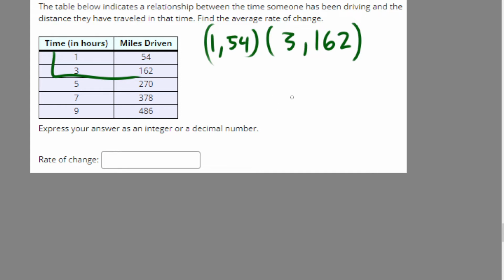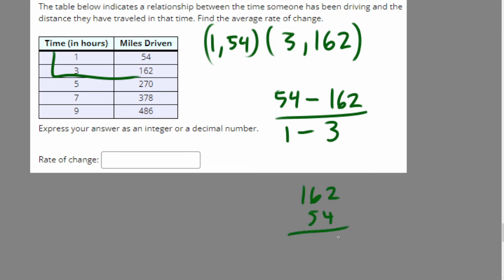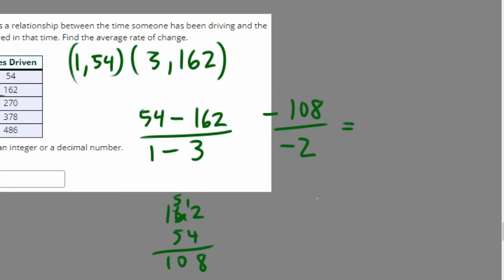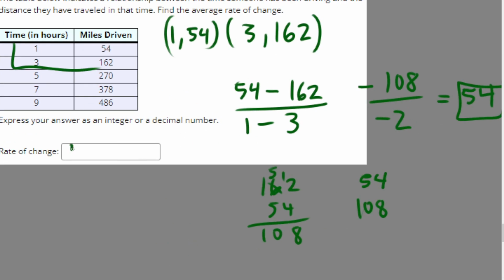So we'll do 54 minus 162 over 1 minus 3. Hold on. Okay, that gives you negative 108 over negative 2, which will give you positive 54. So the rate of change is 54.